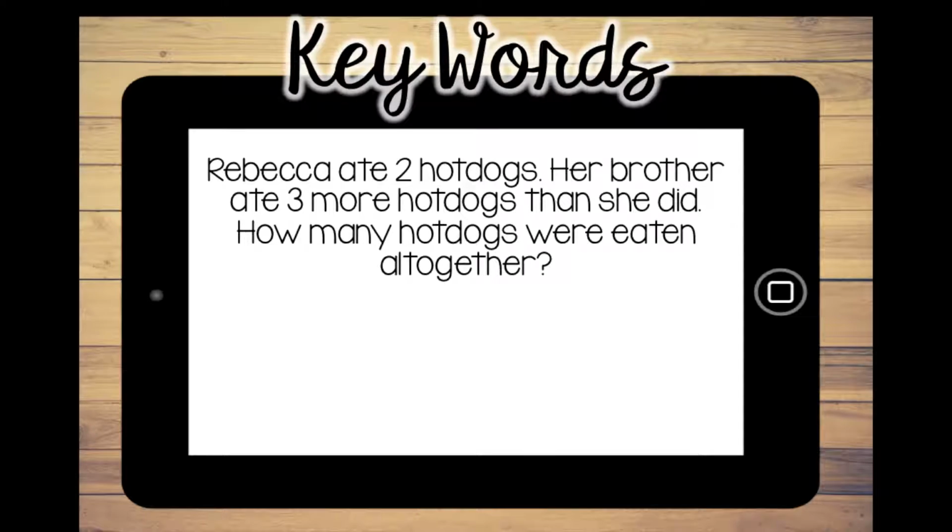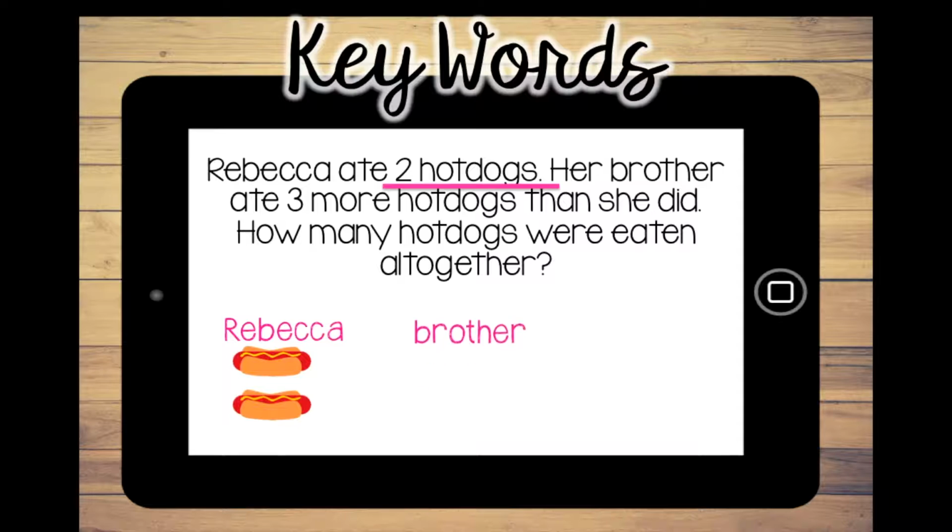The very first thing that we're going to do is find how many hot dogs Rebecca ate. Rebecca ate 2 hot dogs. Today I'm going to practice showing you how to draw pictures to get your answer. So we have 2 hot dogs for Rebecca. Then we find out her brother ate 3 more hot dogs than she did.